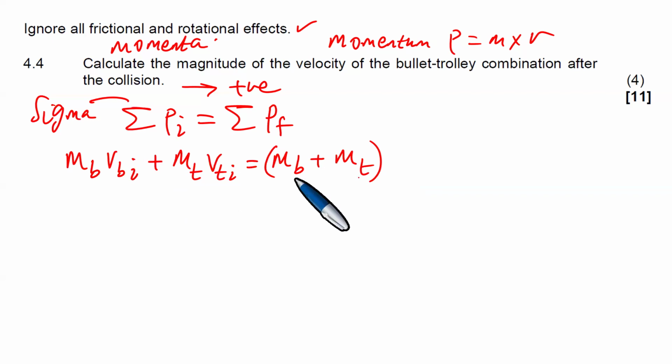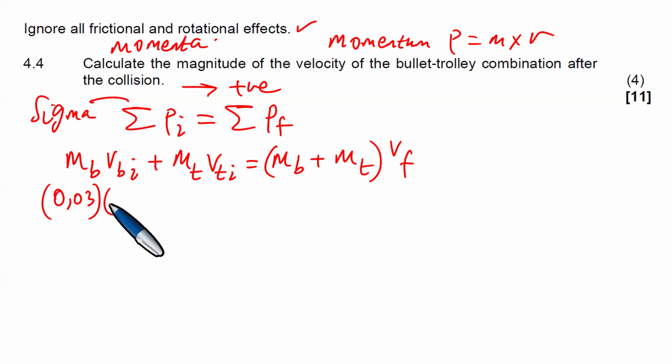They are stuck together, and you have the final velocity there. Now, what is the mass of the bullet? The mass of the bullet is 0.03 kilograms.